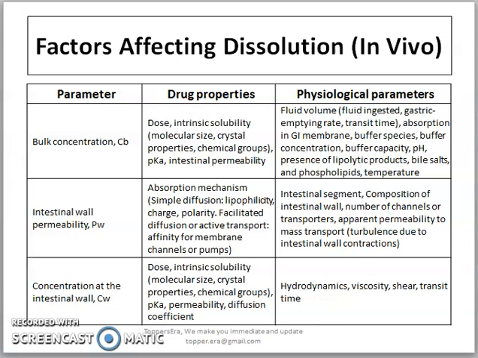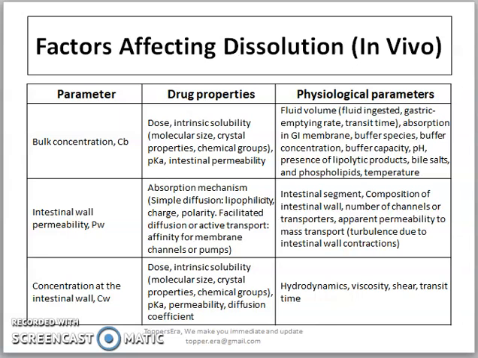It depends on dose amount, intrinsic solubility, pK and intestinal permeability. Physiological parameters like fluid volume, absorption in the GI membrane, buffer species, buffer concentration, buffer capacity, pH, presence of lipolytic products, bile salts and phospholipids and temperature affect bulk concentration.